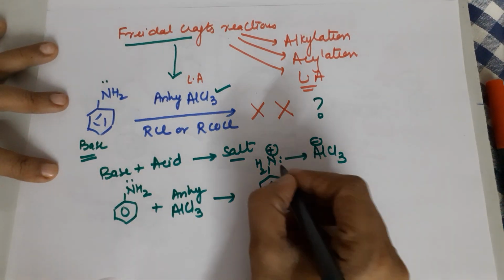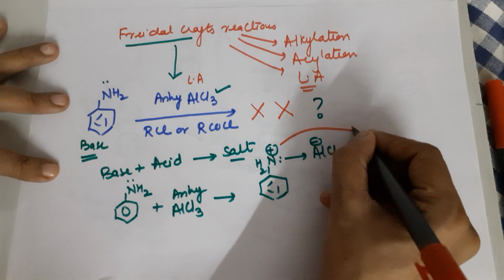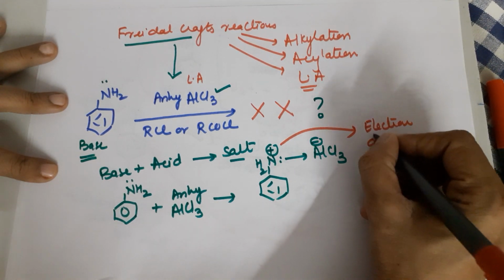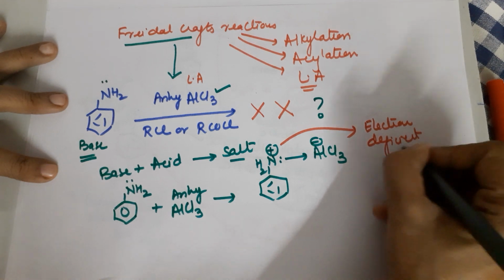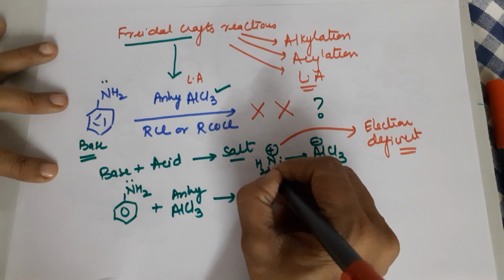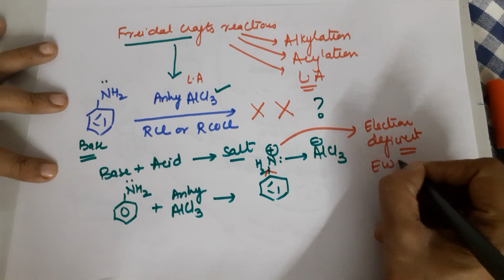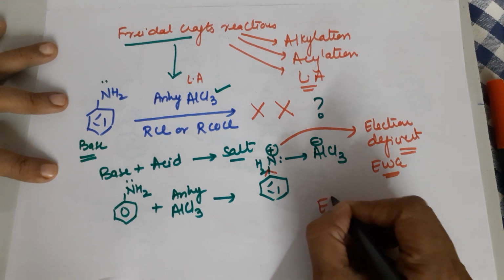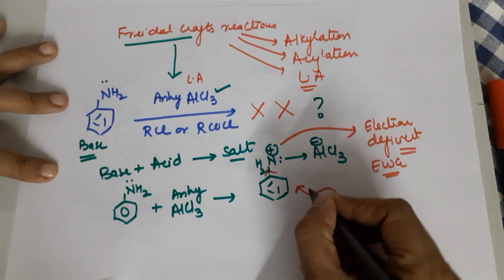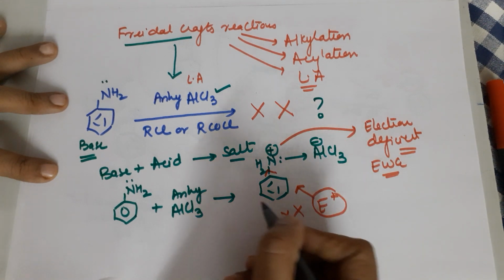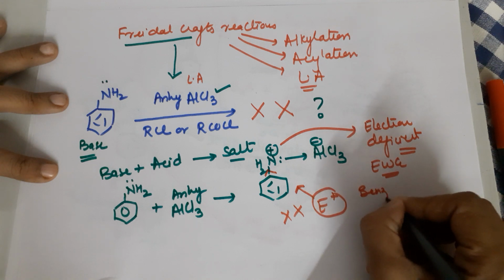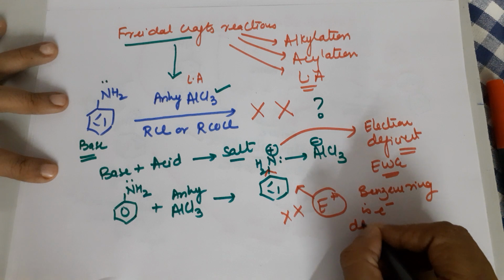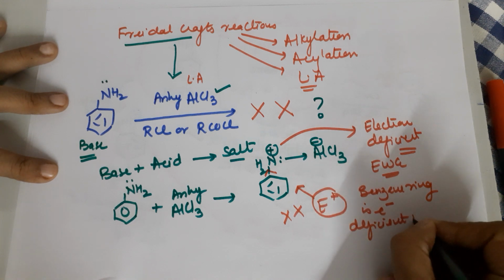Now because of this plus, this becomes electron deficient. अगर ये इलेक्ट्रॉन डेफिशिएंट हो जाएगा तो ये इलेक्ट्रॉन पुल करेगा, यानी it becomes electron withdrawing group. अगर ये इलेक्ट्रॉन विड्रॉइंग ग्रुप करेगा तो इलेक्ट्रोफाइल का अटैक बेंजीन पर not possible, because the benzene ring is electron deficient now.